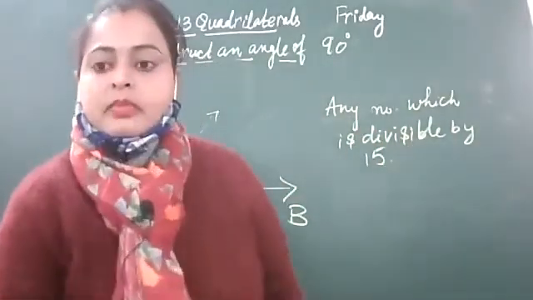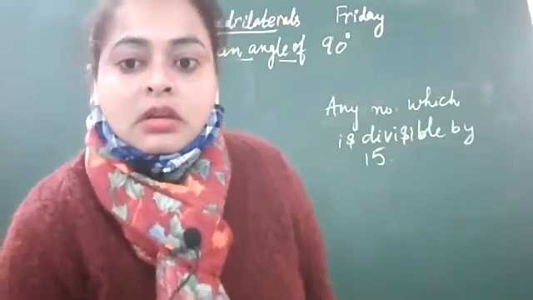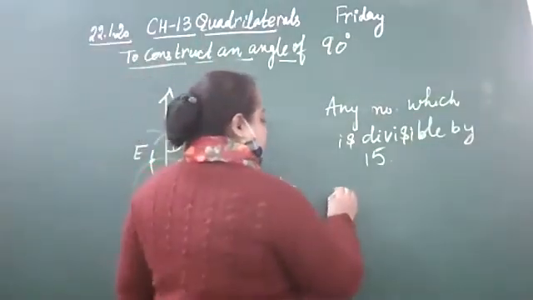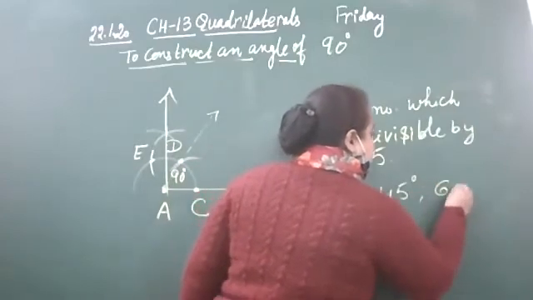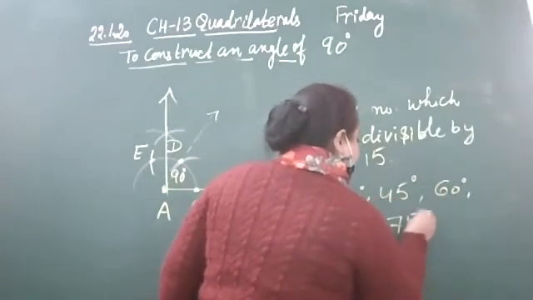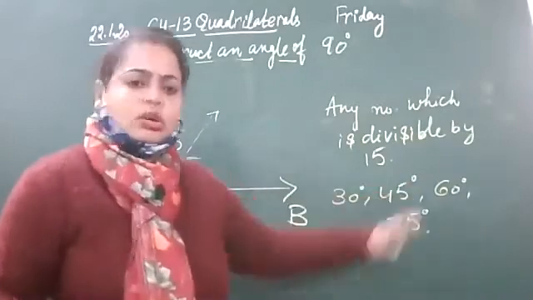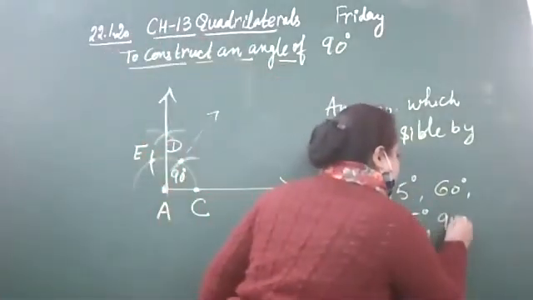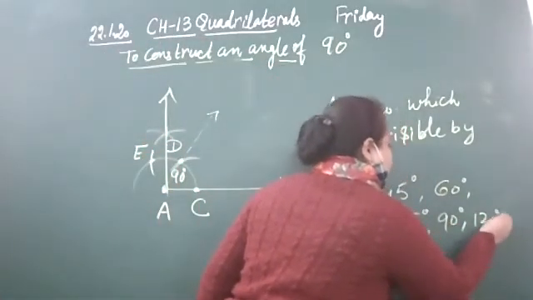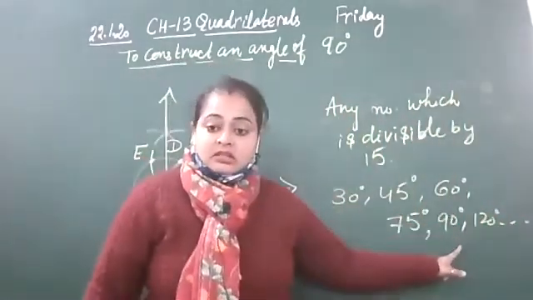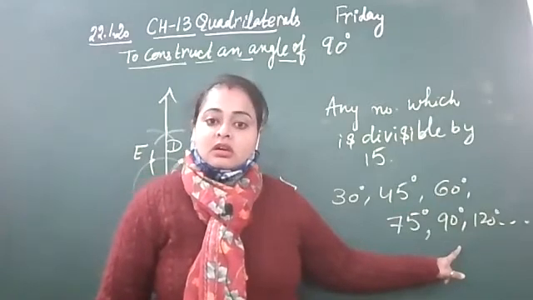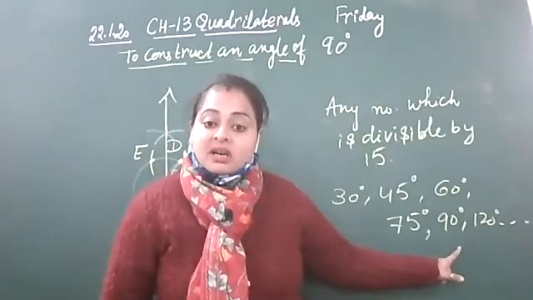Okay? Like 30 degree, 45 degree, 60 degree, 75 degree, any other also, 90 degree, 120 degree angle, and so on. All these angles we can construct with the help of compass.